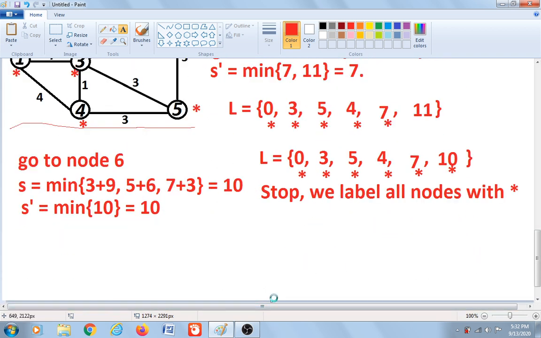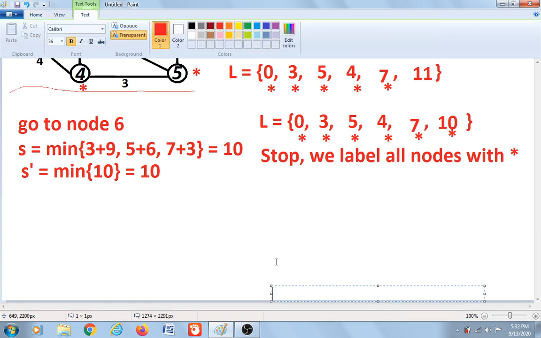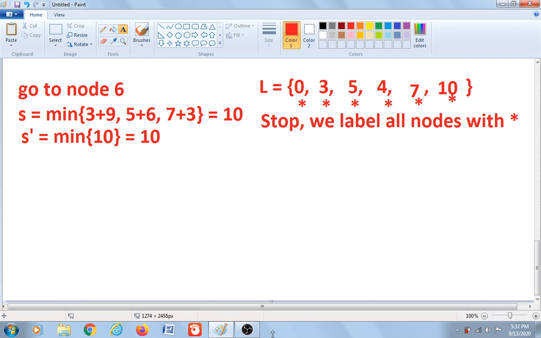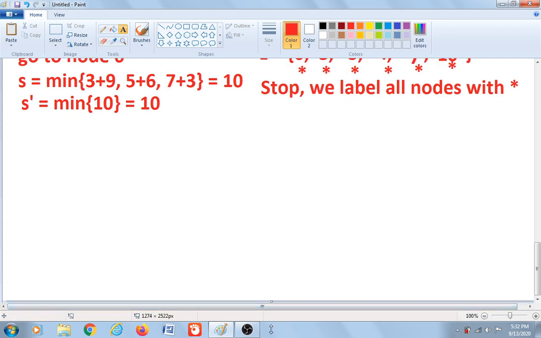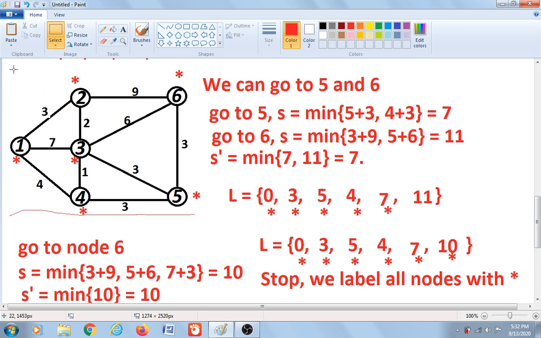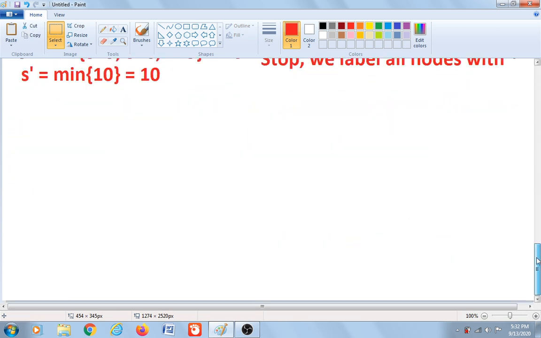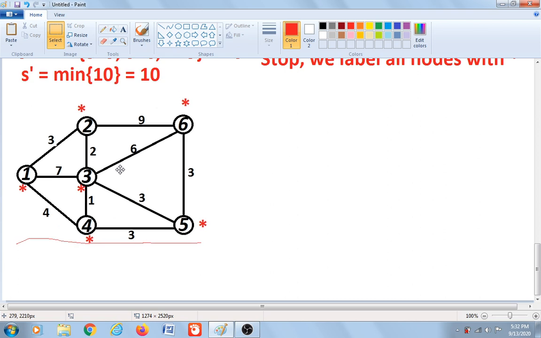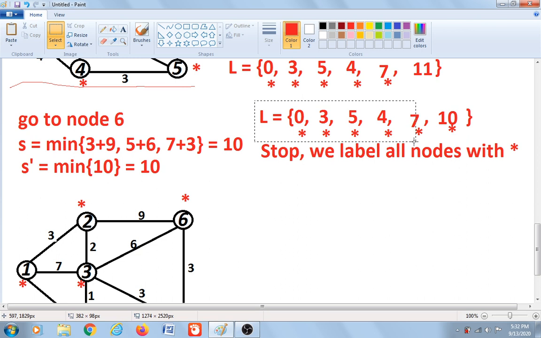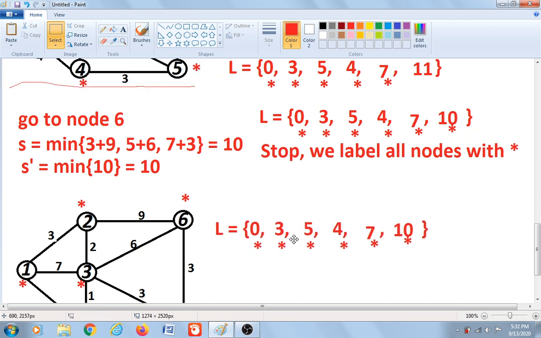I think I need more space. What I'm going to do is copy the network, because I'm going to need it, and I'm going to need the L with all nodes with a star.